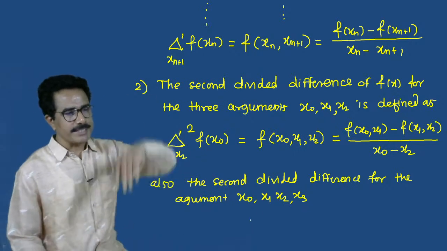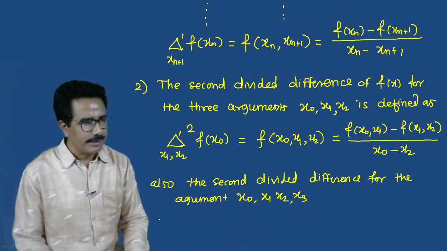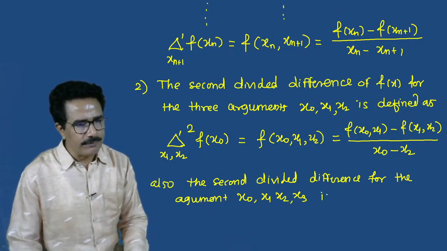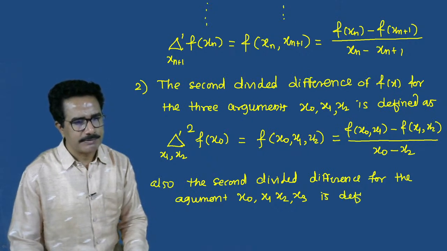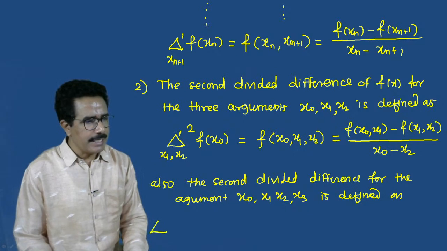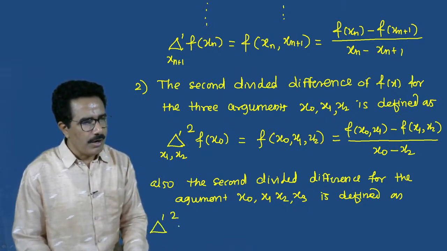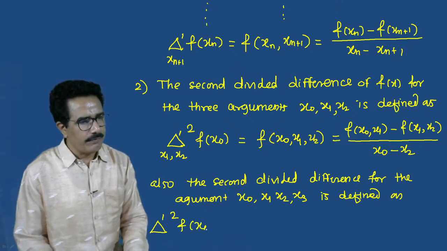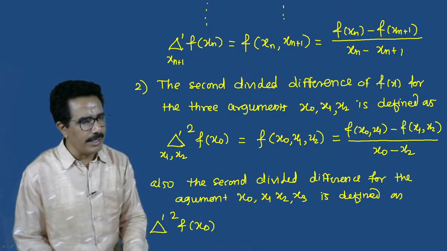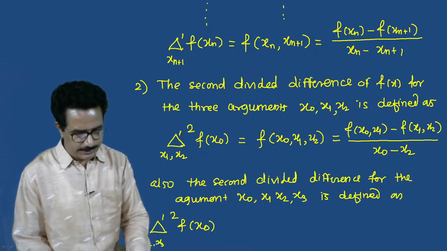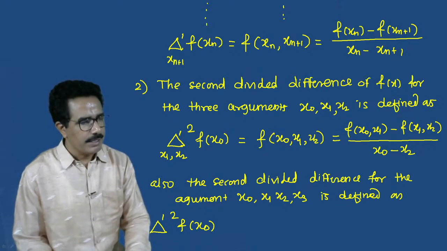Now we take these 3 arguments. How we can take here is defined as delta dash 2 of f of x0 over x1, x2, x3.